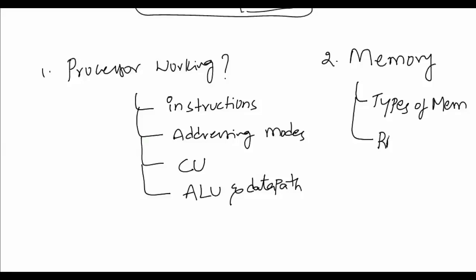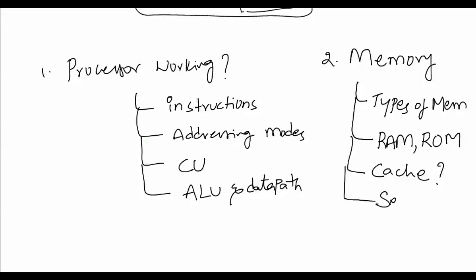What are primary memory and their types? What is cache memory and the working of cache memory? Different principles of cache memory and secondary memory.